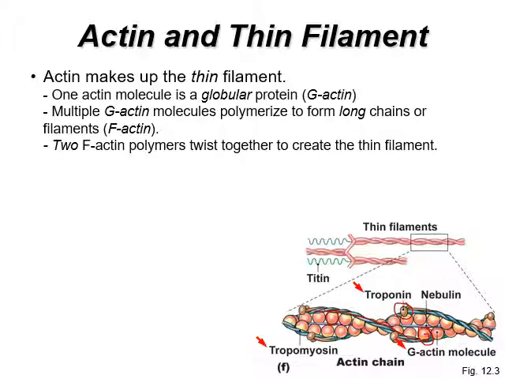This is where the myosin heads from the thick filament are going to interact with the actin. This is going to be the means by which we do contraction of the muscle. So we get an interaction between the thick and the thin filaments, and this little yellow area is where the myosin would bind.